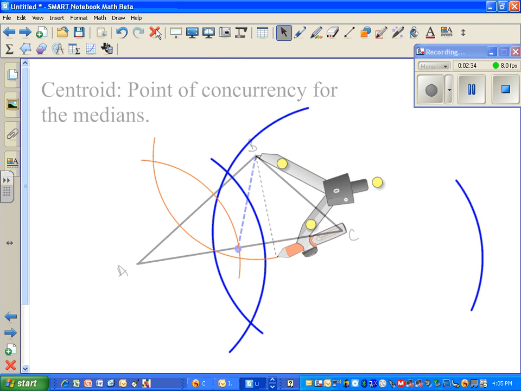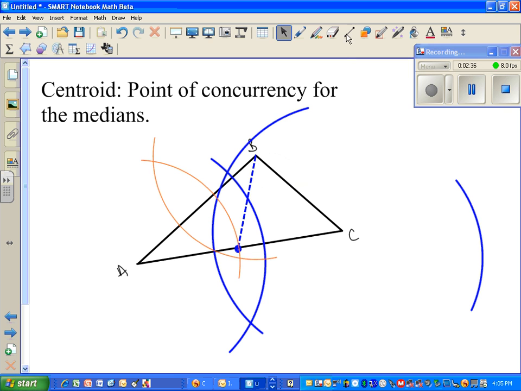Now I'm going to connect. I'm going to show where that line is. The perpendicular bisector is there. But the only point I really care about is the midpoint. So I'm going to take that line away so I don't have too many lines in here. And I'm going to connect from C to that midpoint.